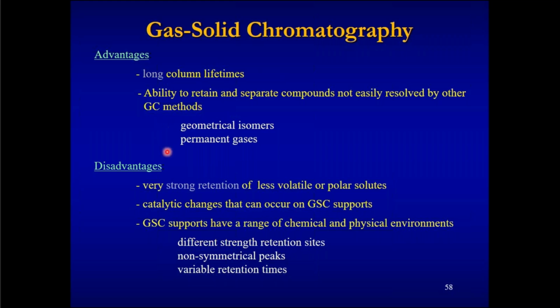Which are those types of compounds? Geometrical isomers and permanent gases. Especially the geometrical isomers are separated only by gas solid chromatography, because these are isomers with spatial arrangement differences.